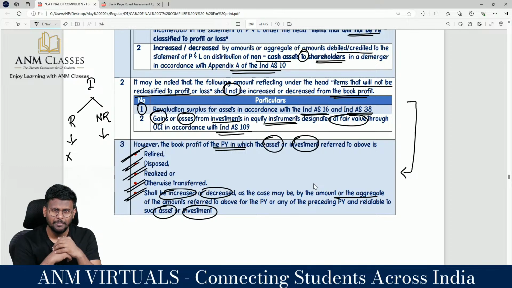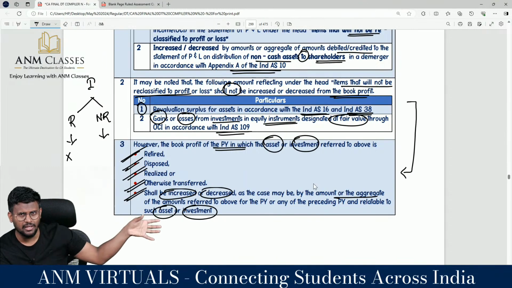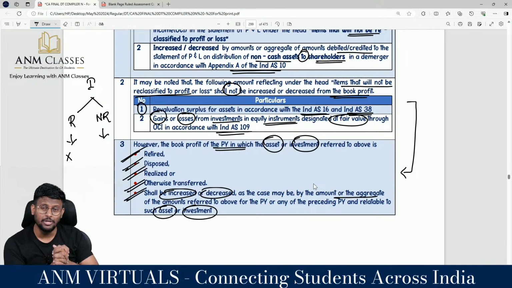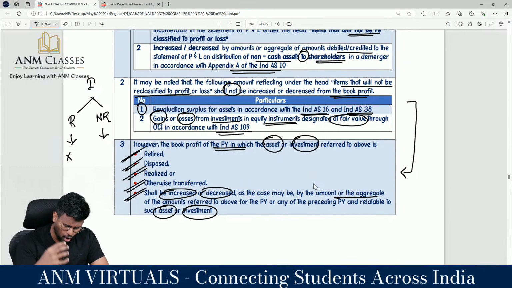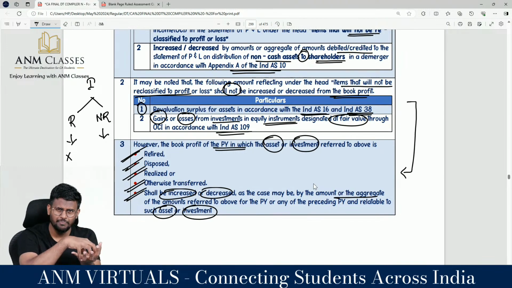Number two, my dear lovable students, you have invested in some company, you have brought that investment to the fair market value, so designated at fair market value. Because of that, you have booked some gain or loss. Again, this is a notional item because you are holding the investment. It is not held for maturity.